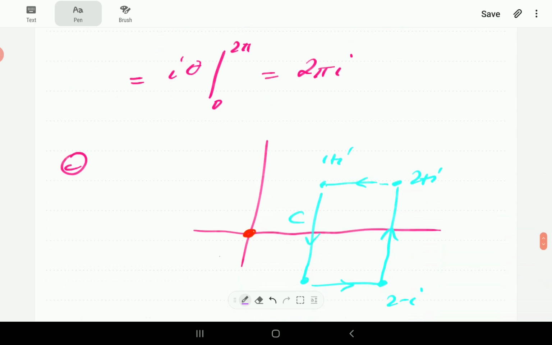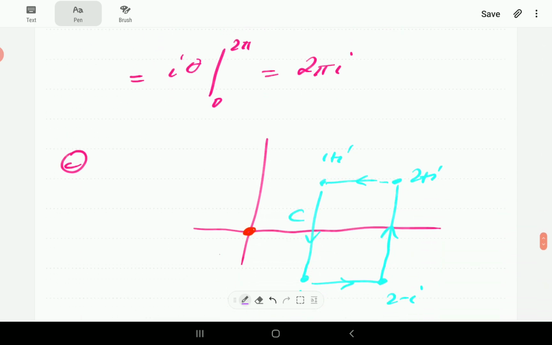Then for the next part, we got a contour which is actually a rectangle with vertices 1 plus i, 2 plus i, 2 minus i, 1 minus i. But remember, we are integrating 1 over z. 1 over z is singular only at the origin.